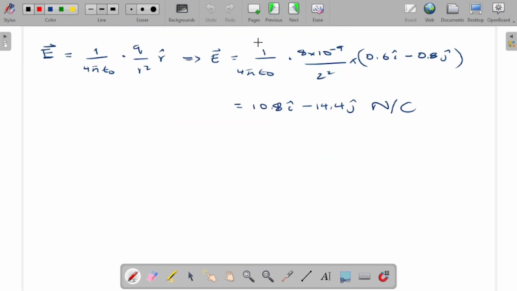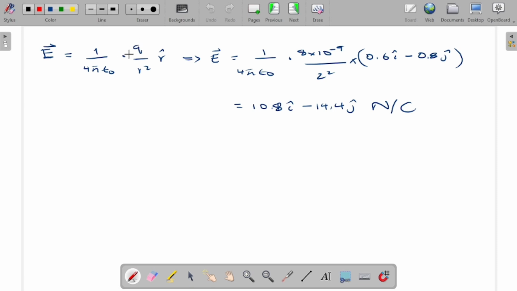That means we swapped something here. Our component of x is supposed to be negative and our component of y has to be positive. What did we swap? Where did we go wrong? Do we have absolute values on this Q?